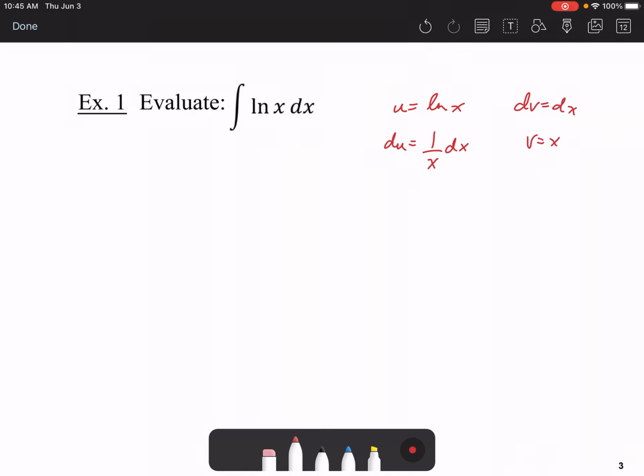So v is the function x. So this is x ln x minus the integral of x times 1 over x dx. So you're just working out the integral of dx, which is just minus x plus c.